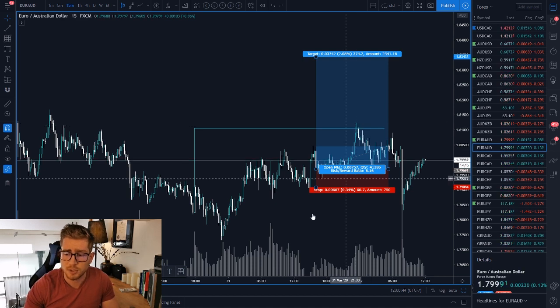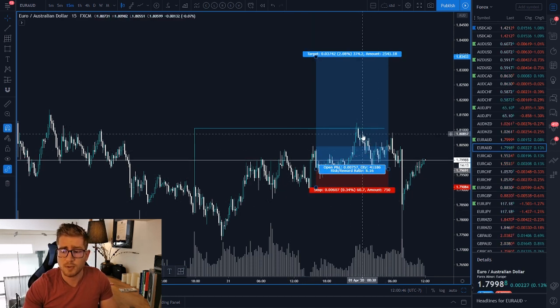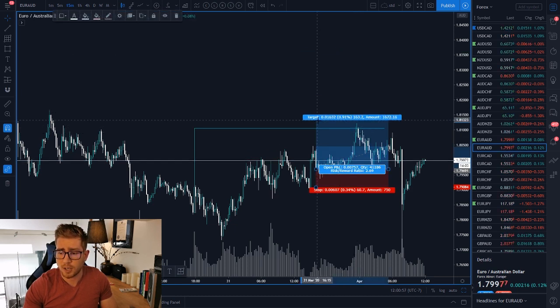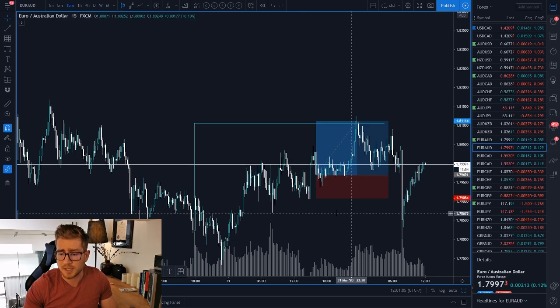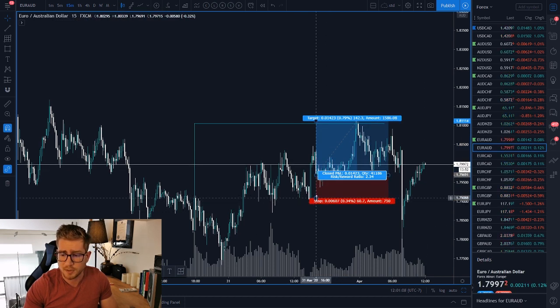Now, what do we want to do? We want to first figure out our risk. Let's look at how far we are. First of all, we're about 2.3R into the trade. Now, what I've done at this point, obviously, is I moved my stop up to break even.